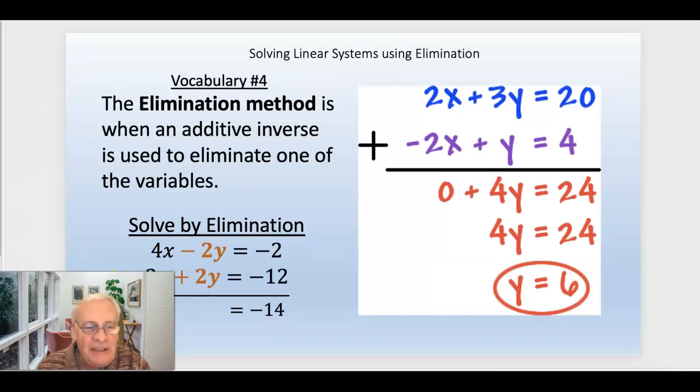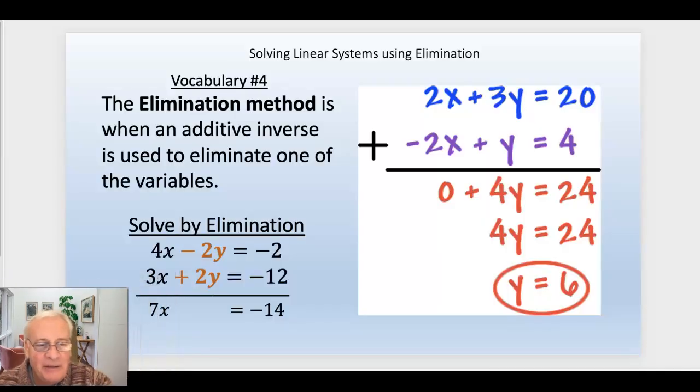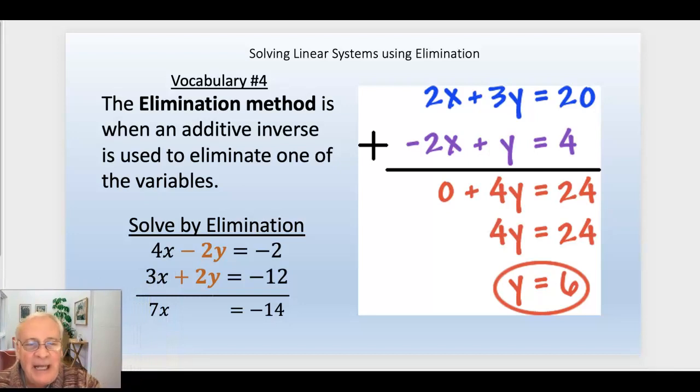The elimination method is when an additive inverse is used to eliminate one of the variables. You can see right here, 4x minus 2y equals negative 2, and 3x plus 2y equals negative 12.